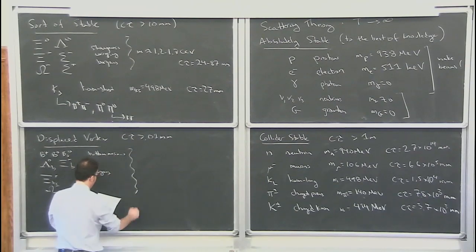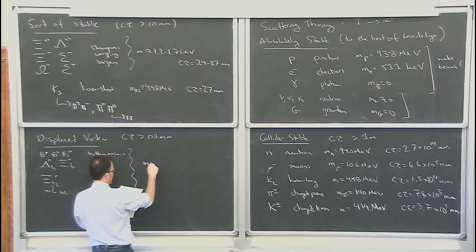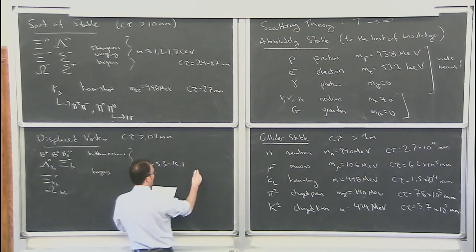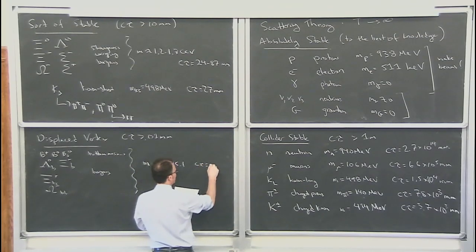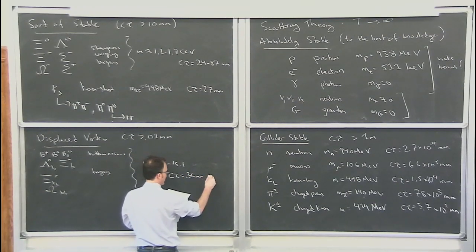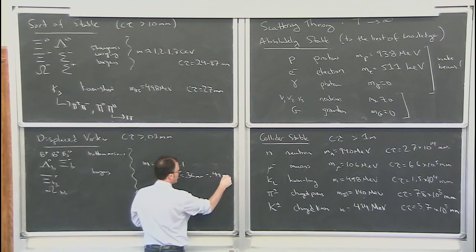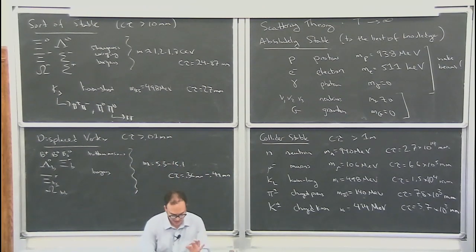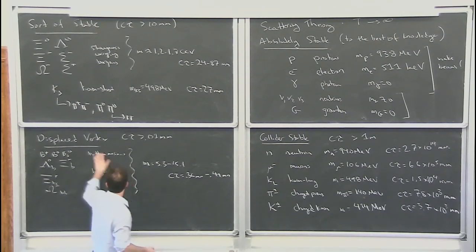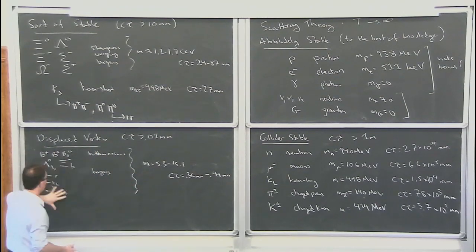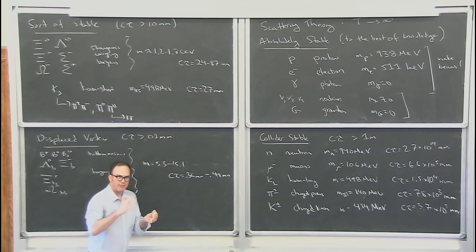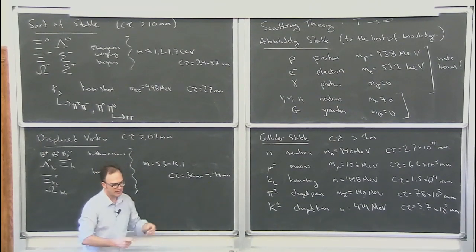These are states that have masses somewhere between 5.3 and 15 GeV, and they have lifetimes between 0.36 millimeters and 0.49 millimeters. So these are relatively short-lived objects. You give them a large enough Lorentz boost, they travel for some amount of time before decaying, and that gives rise to this displaced vertex signature, where if you made one of these states, you can figure out that you made it because it traveled a macroscopic length that you can try to reconstruct before it decays.